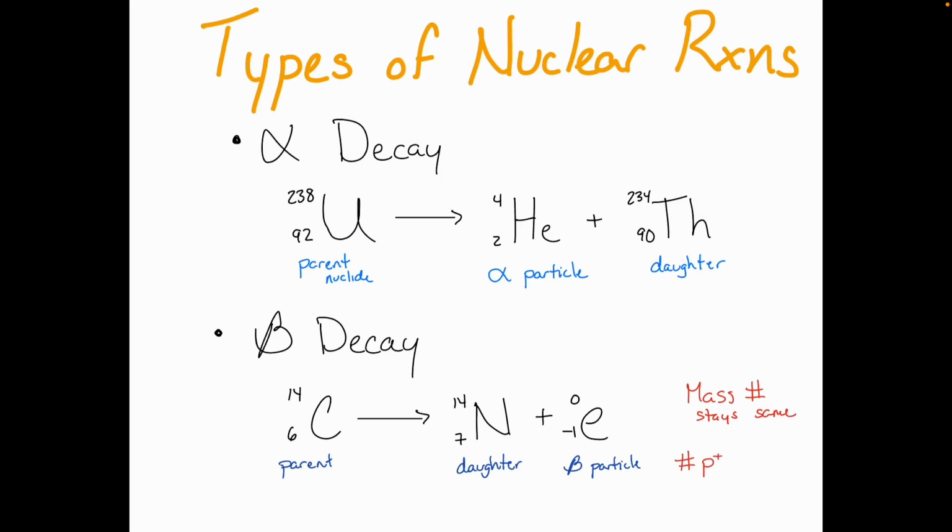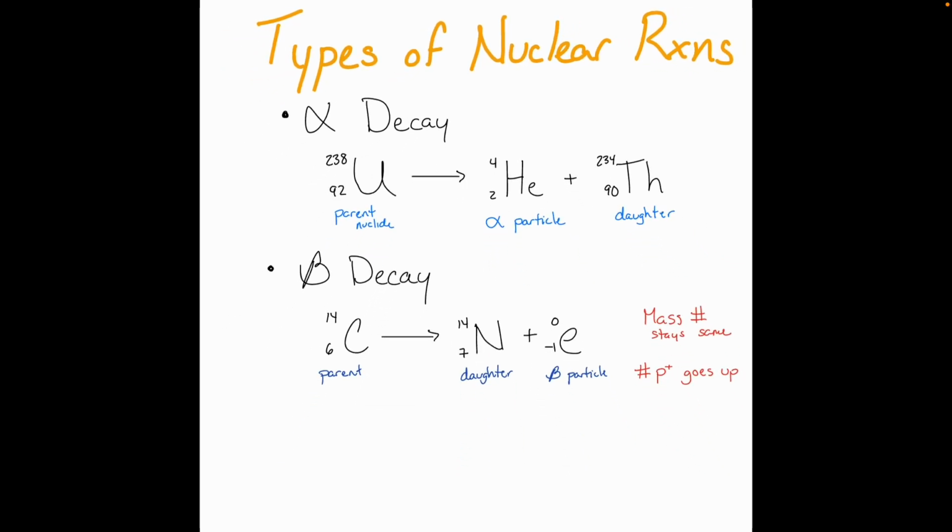But the number of protons goes up. All right, so notice that we're increasing our atomic number in these beta decays.